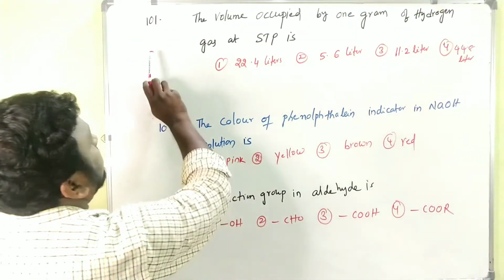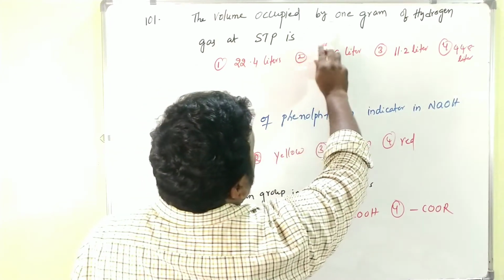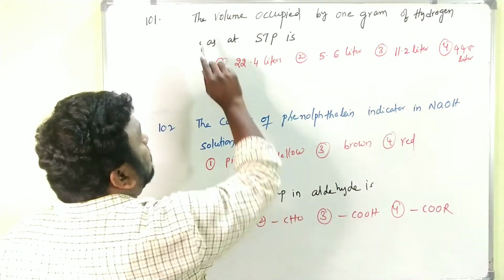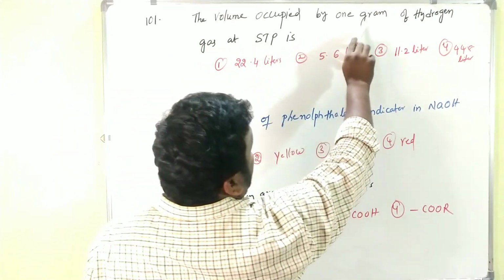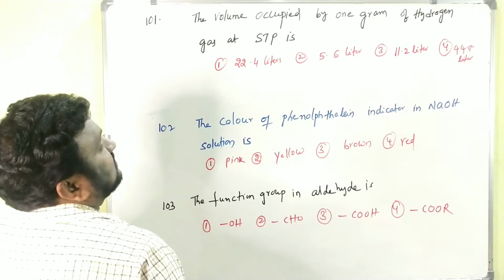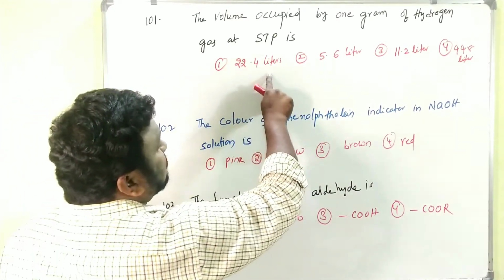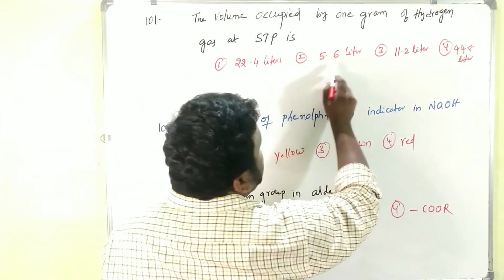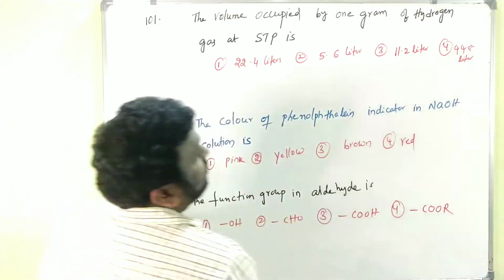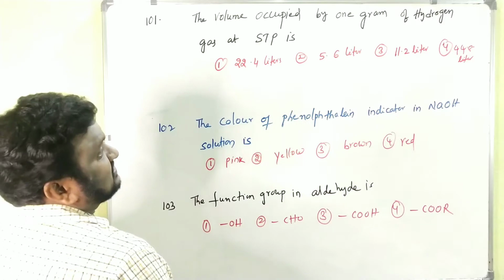Okay, for 101. The volume occupied by 1 gram of hydrogen gas at STP. First option is 22.4 liters, second option is 5.6 liters, third option is 11.2, and fourth option is 44.8 liters.